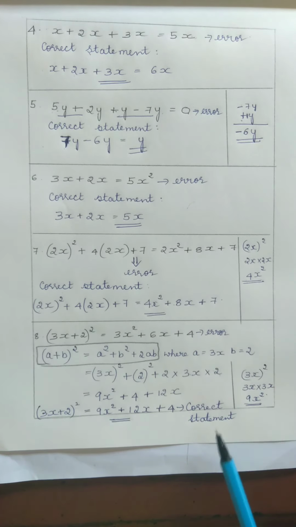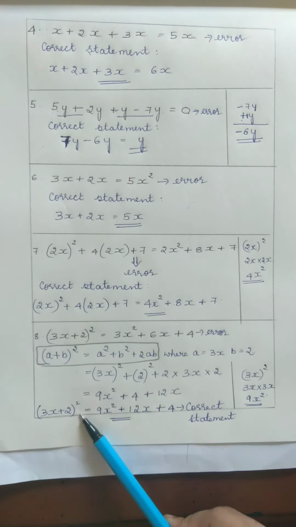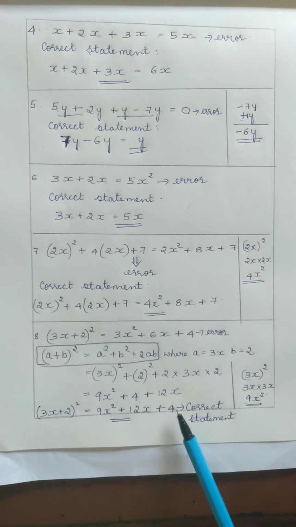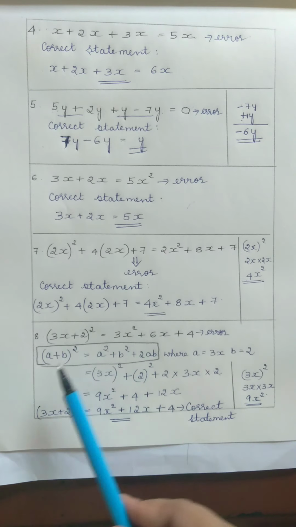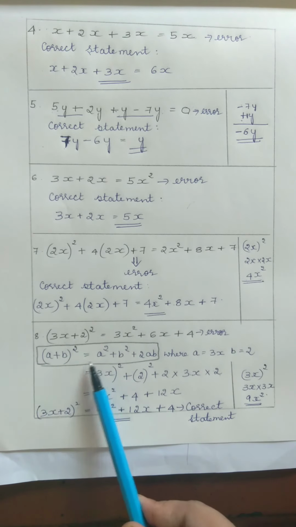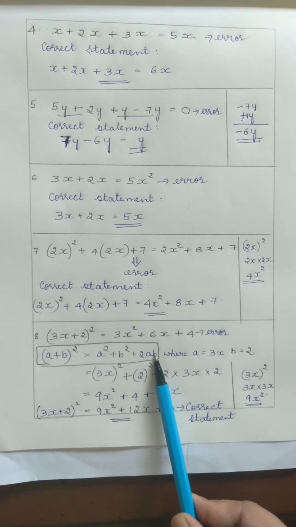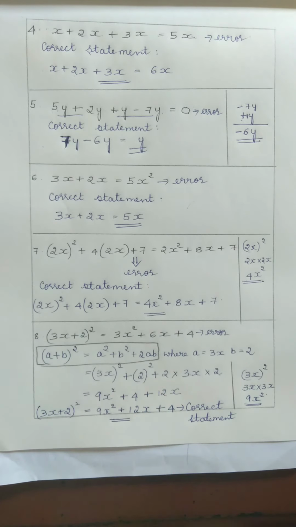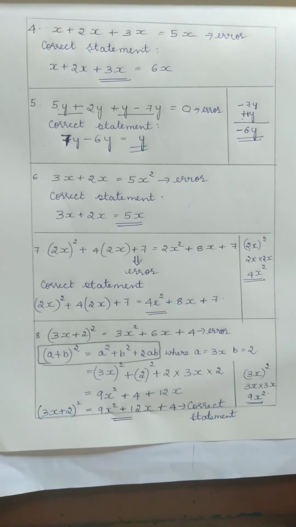The correct statement is 3x plus 2 whole square is equal to 9x square plus 12x plus 4. The identity used is a plus b whole square is equal to a square plus b square plus 2ab. So you can rearrange and you can write it as a square plus 2ab plus b square also. The 2 identities also hold good, correct. So these are the answers, children, for the exercise 6.4, the last exercise. Thank you.